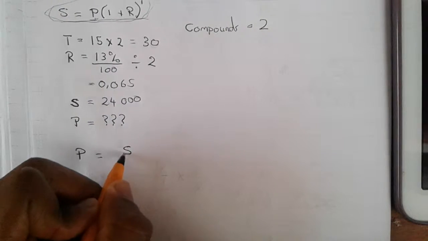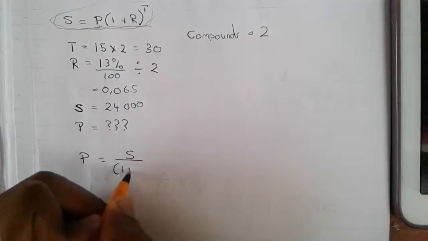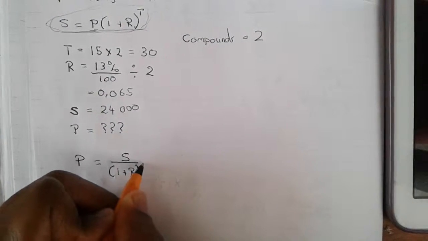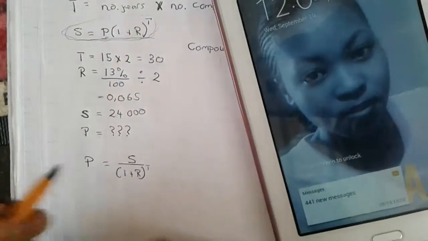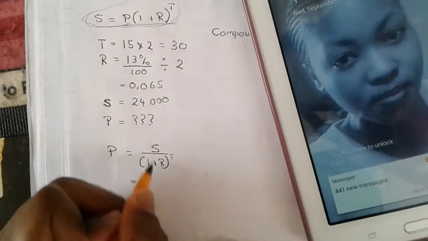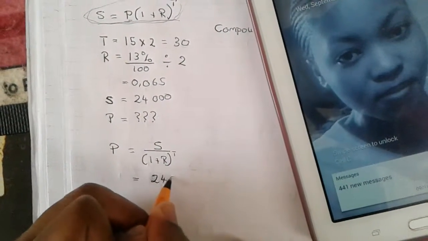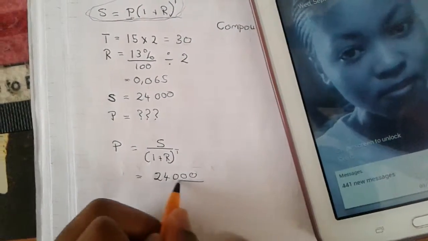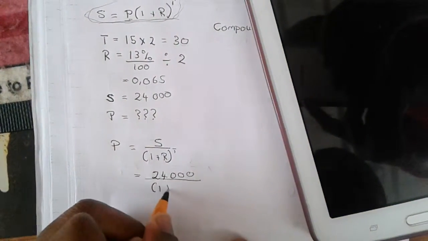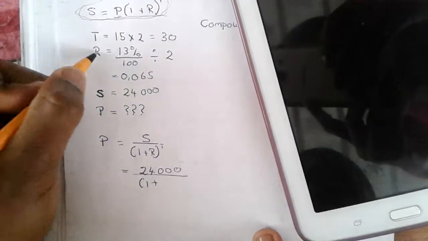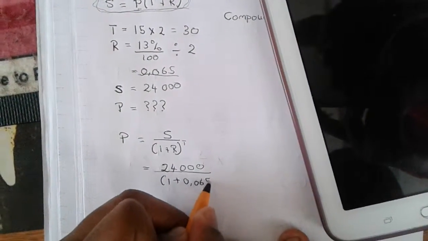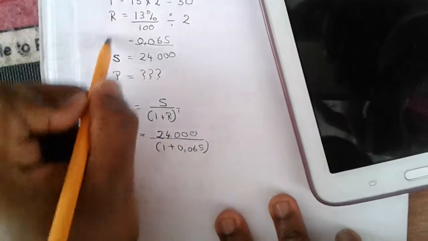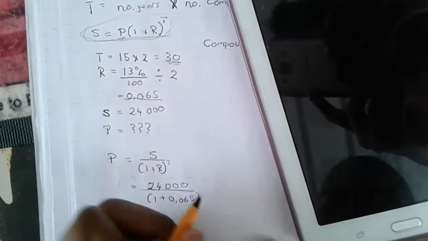So P is going to be S over (1 plus R) all to the power T. So our S is 24,000 over 1 plus the value of R, which is 0.065, and our T is 30.